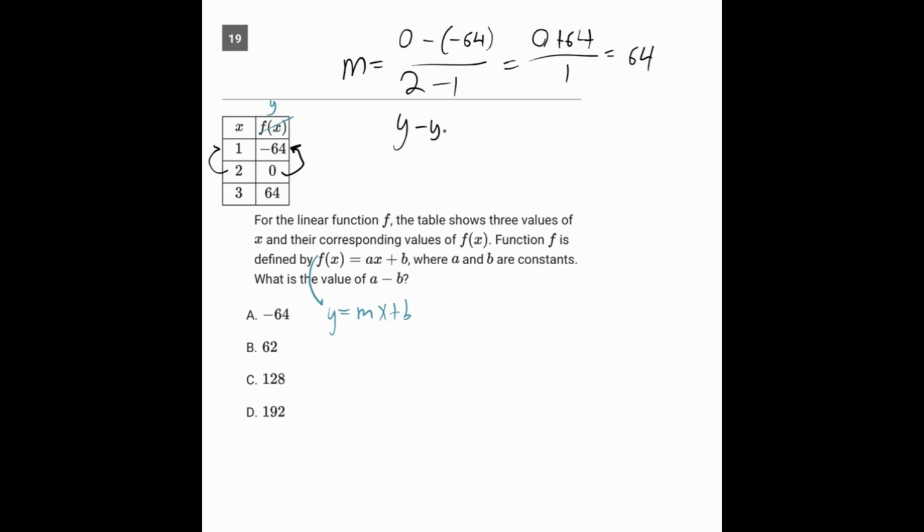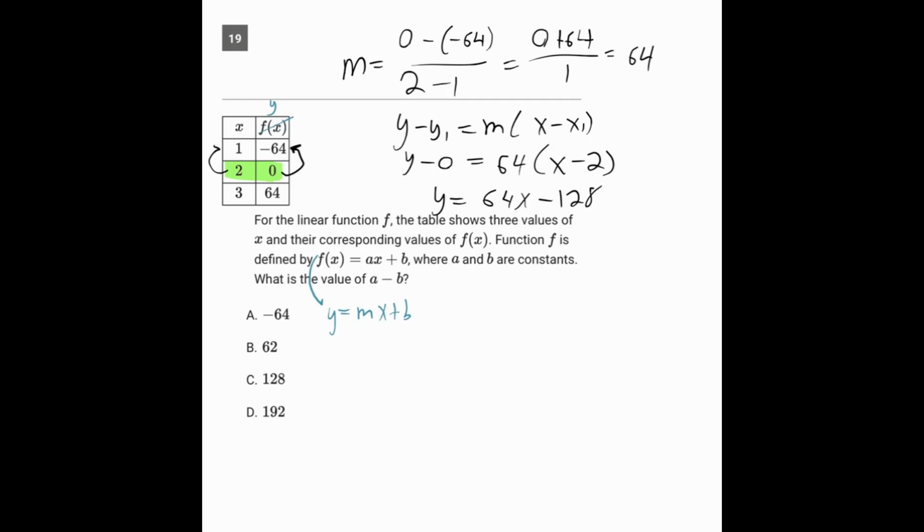Now we'll plug it into that point-slope formula. And let's take the easiest point we can take, which is this one right here. So y minus 0 is 64 times x minus 2. Go ahead and distribute the 64. You'll get 64x minus 128.